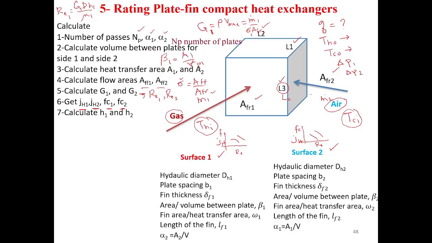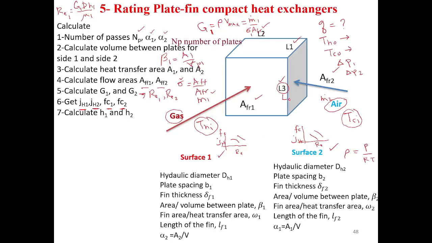Another thing that has to be noticed is the pressure. If the pressure is given, then you have to take care of the density calculation. The ideal gas law, for example, has to be used to find the density. The ideal gas law says that rho equals P over RT.